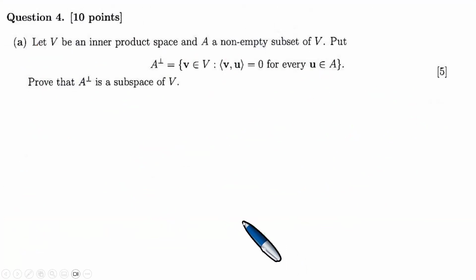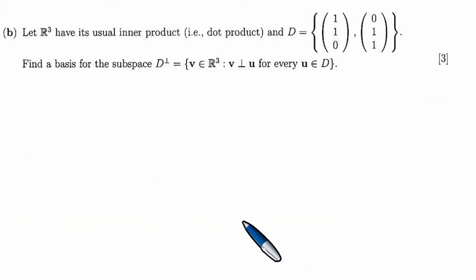Right. So this is the first one, and then now we did that. Part B is this one here. Right. So let R3 have its usual inner product, that is the dot product, and D be the subspace with two vectors.